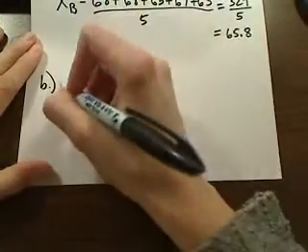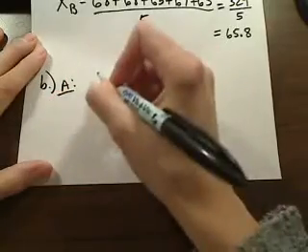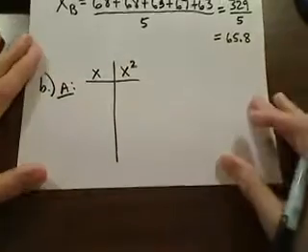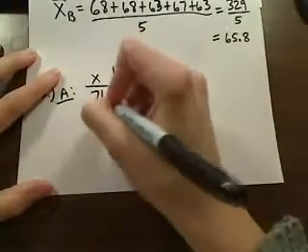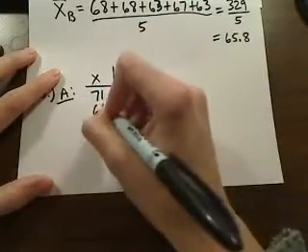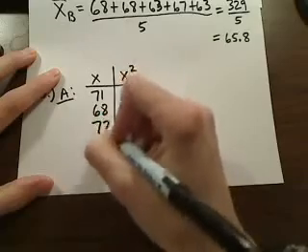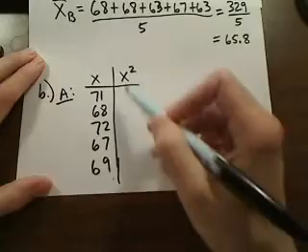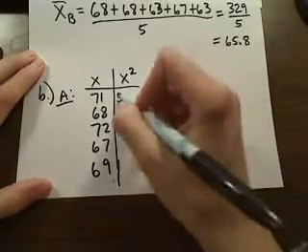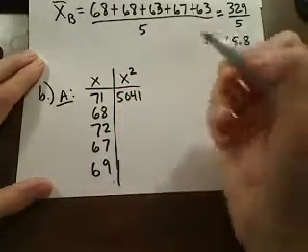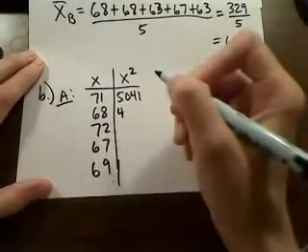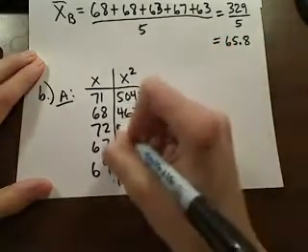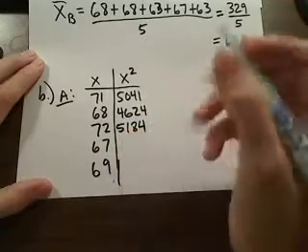So for set A here, I've got x and x squared. My x values, 71, 68, 72, 67, and 69. When we square those in this column, I've done this ahead of time, so here's your values, 5041, and etc. Just write these down here.